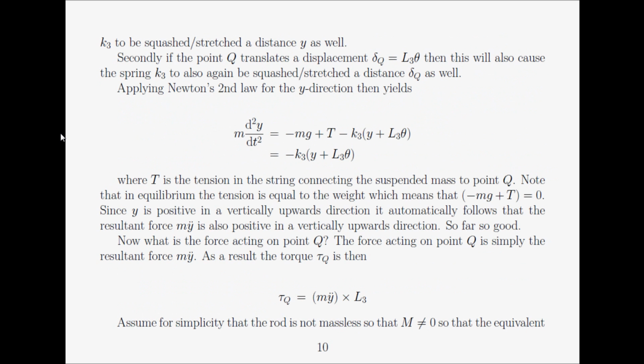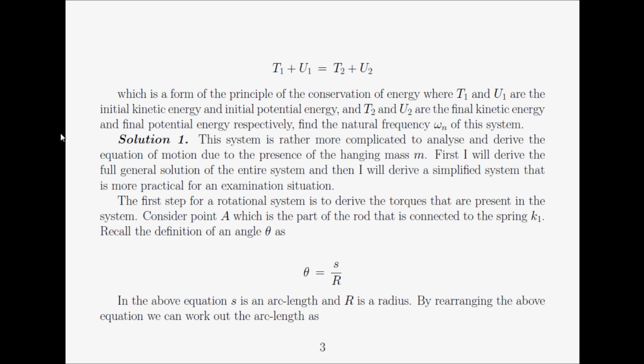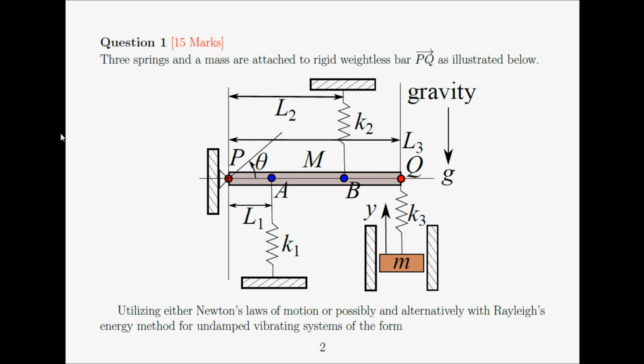We've got the equation for the resultant force over there. That force is acting at the point Q, and we assume the force is positive in an upwards direction. And if the force is positive in an upwards direction at the point Q, it will induce a positive torque, because the positive force in an upwards direction will cause an anti-clockwise moment.